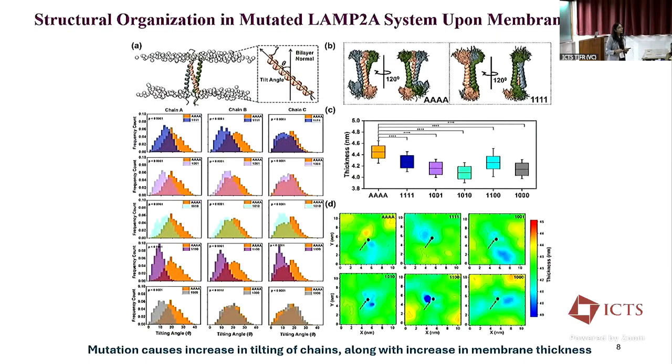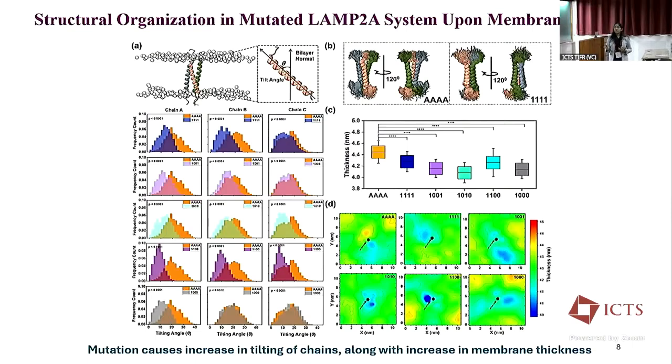Moving on, we were interested in looking at what structural changes this embedding has led to. For that, we measured the tilt angles. The tilt angles in all the systems, if you see, alanine, alanine, alanine, alanine, which is the orange one, is more towards the higher end, which means the tilt is much more in the mutant.